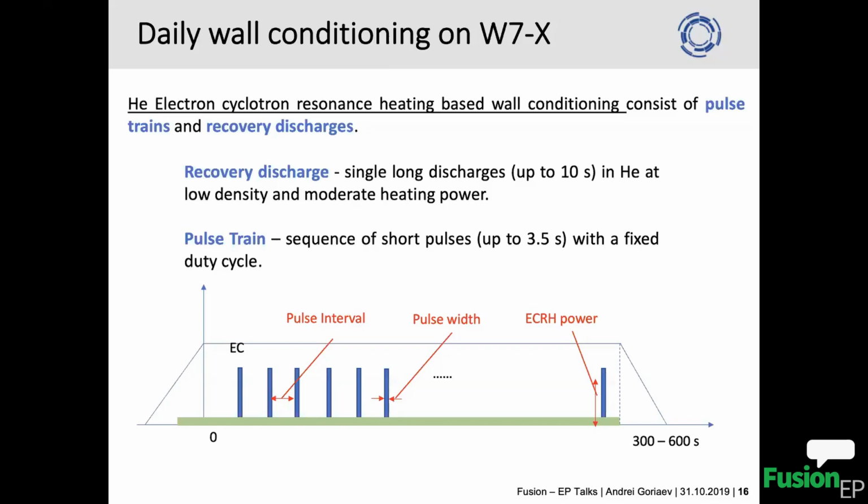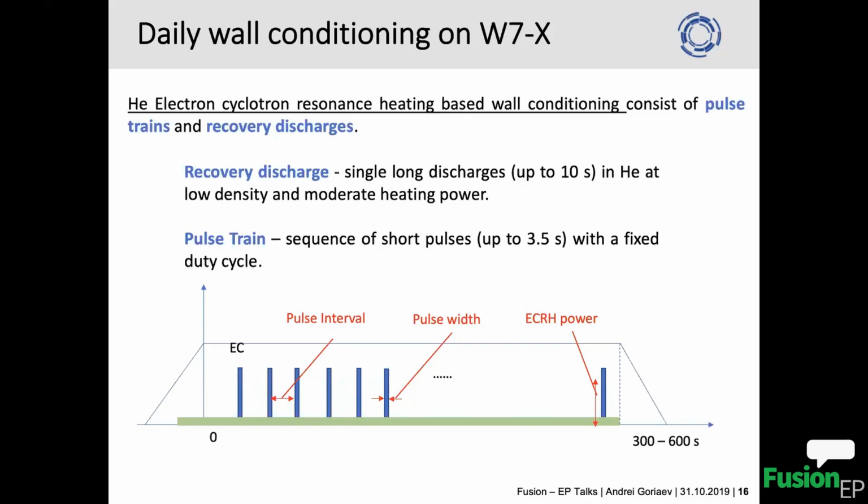You need a lot of neutrals in your plasma, and then the plasma wetted area doesn't play any role, because the neutral flux is more or less homogeneous. But in the case of W7-X and big machines, the plasma wetted area plays a big role, because your main interaction area is the divertor.